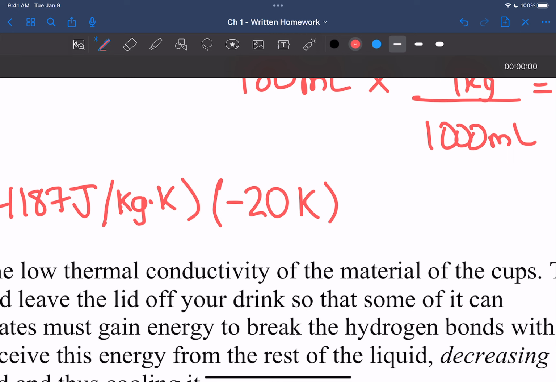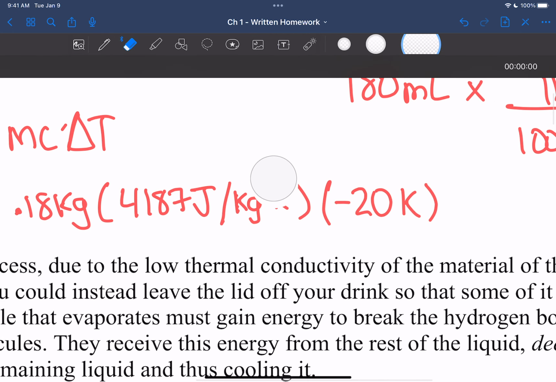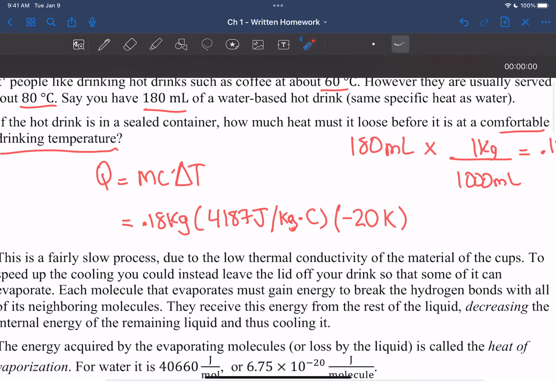So just change the Celsius to Kelvin. Or alternatively, you can change this kilogram Kelvin to kilogram Celsius, and that's what you probably see more in your Gen Chem classes: 4,187 joules per kilogram Celsius, or 4.187 kilojoules per kilogram degrees Celsius, right?